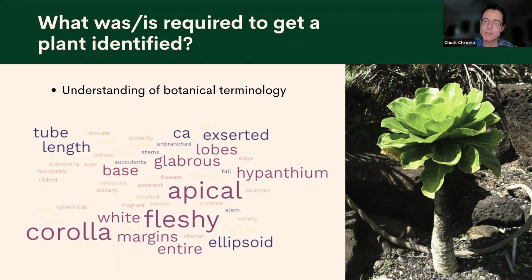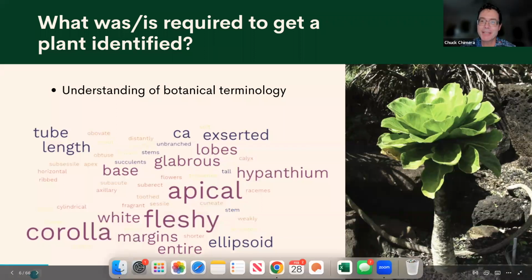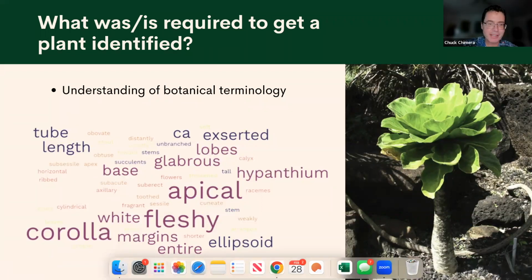So just two plants with two species to key out generated the terms you see here. Some of those may be familiar to you, some of those you may have never seen before, but it's definitely this kind of language that is helpful in interpreting a key and identifying plants.